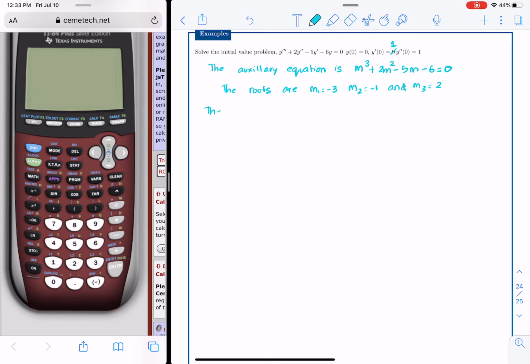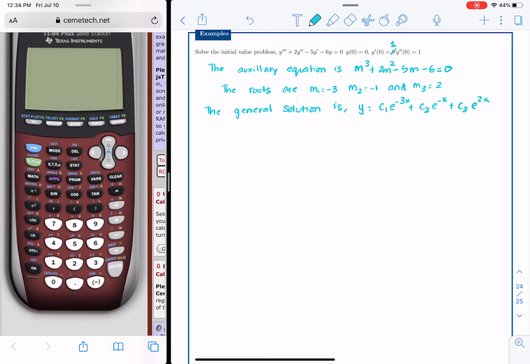So the general solution is y equals c1 e raised negative 3x plus c2 e raised negative x plus c3 e raised 2x.